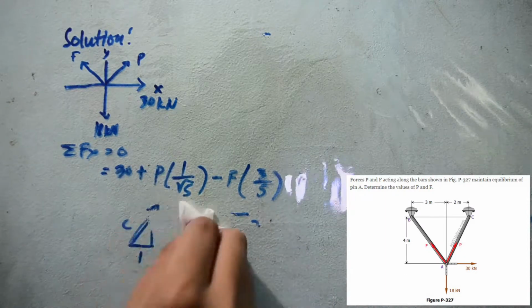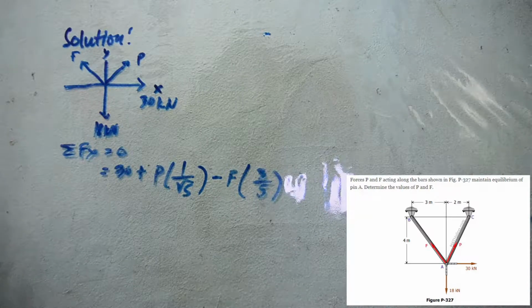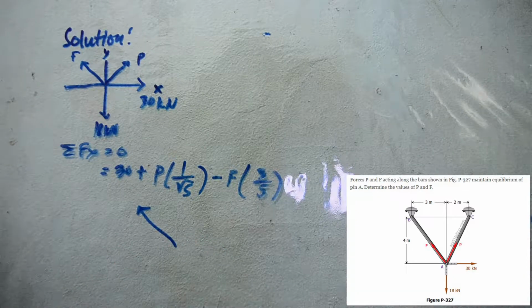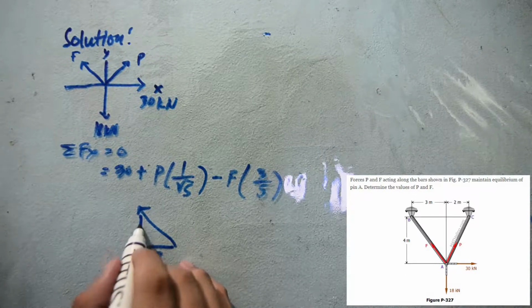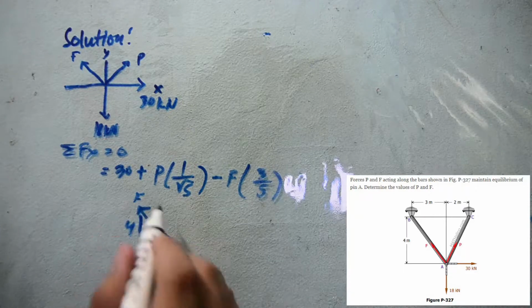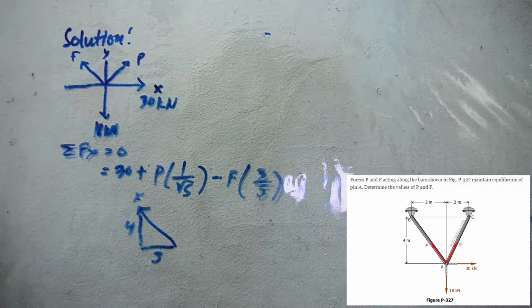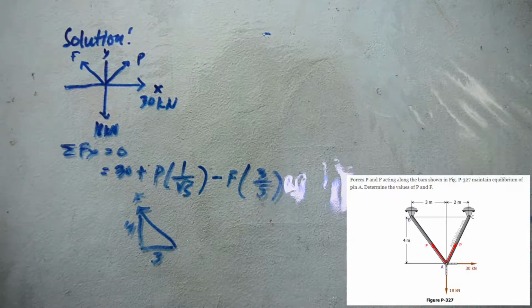The same way in the force F, which is going upward to the left, here we have 3 and here we have 4, so this is F. So we're going to use the 3-4-5 triangle rule.